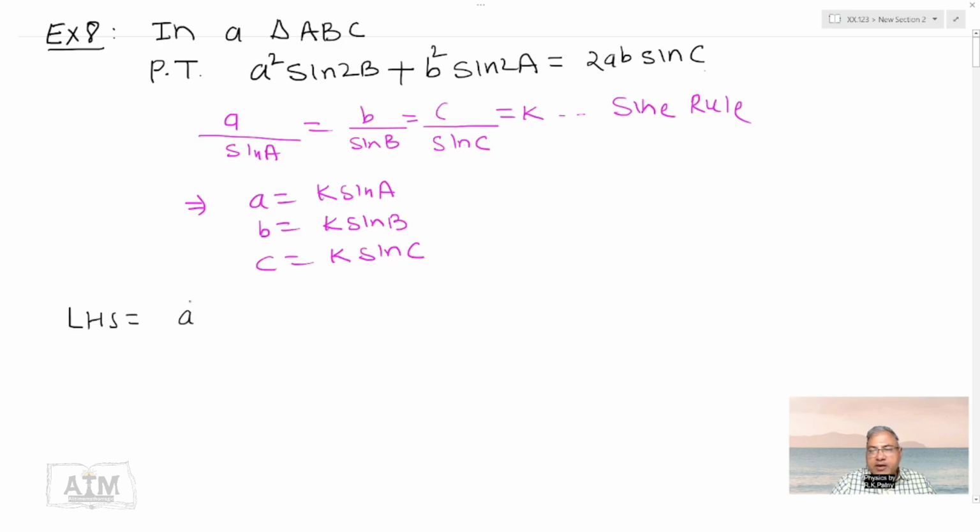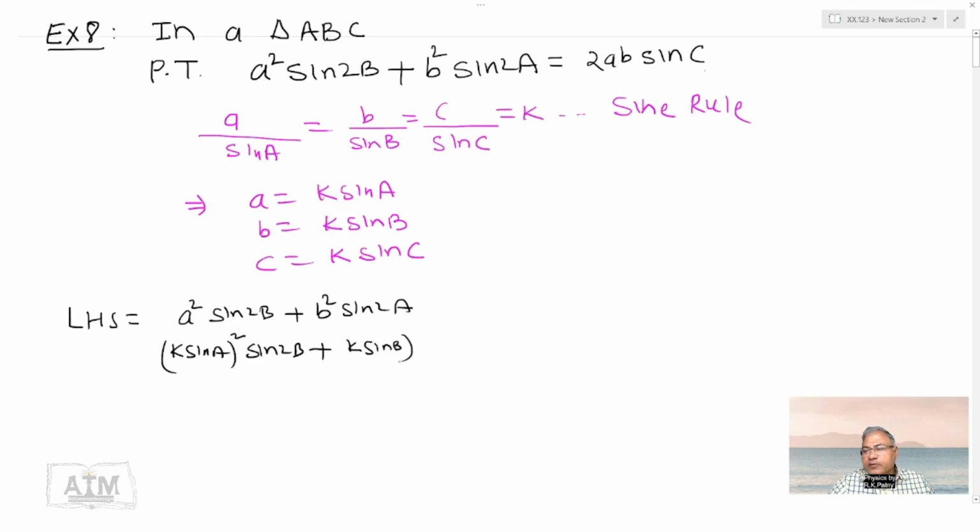So I have LHS equals A square sin 2B plus B square sin 2A. In place of A, I am going to write K sin A. So K sin A whole square sin 2B, and in place of B, K sin B whole square and sin 2A.